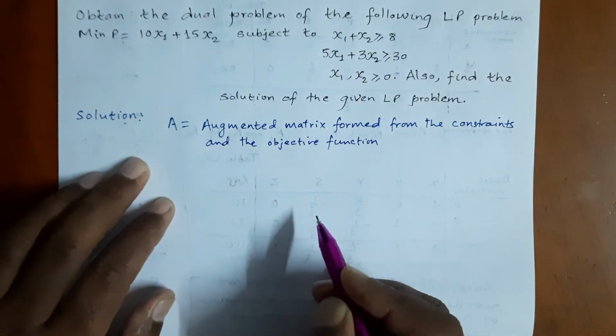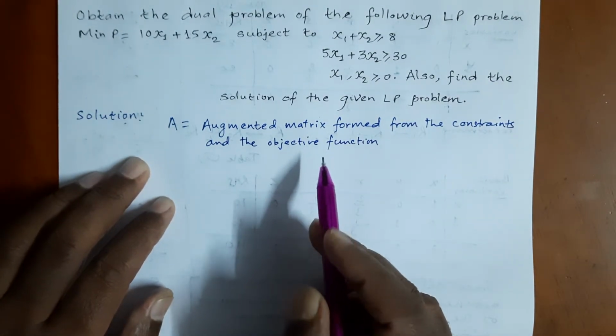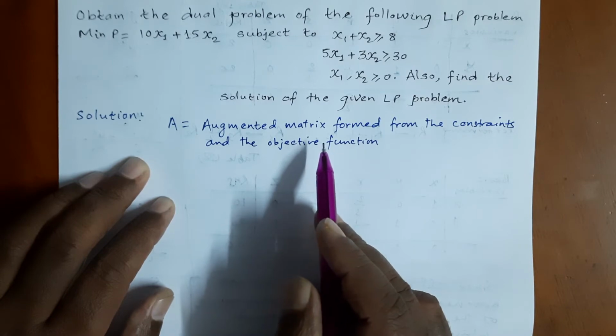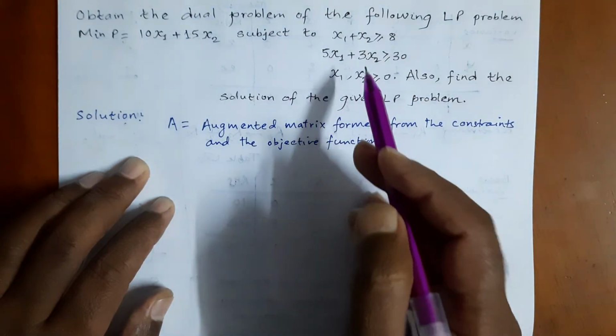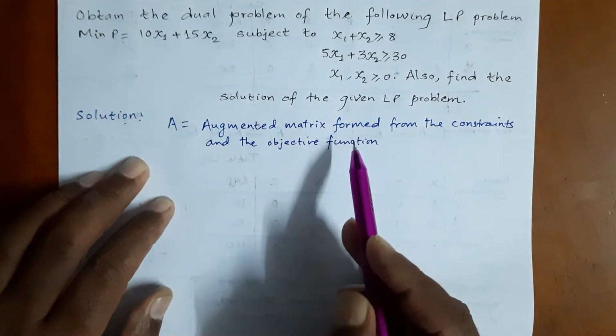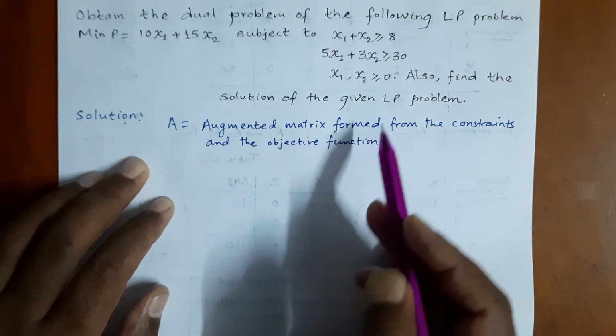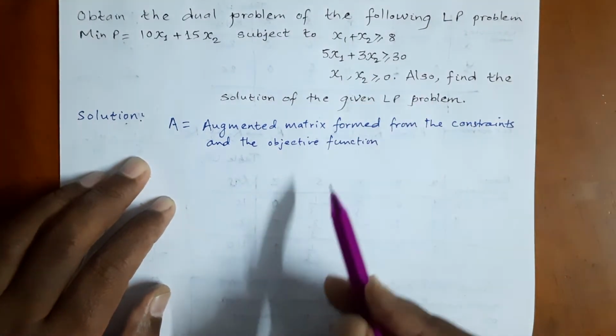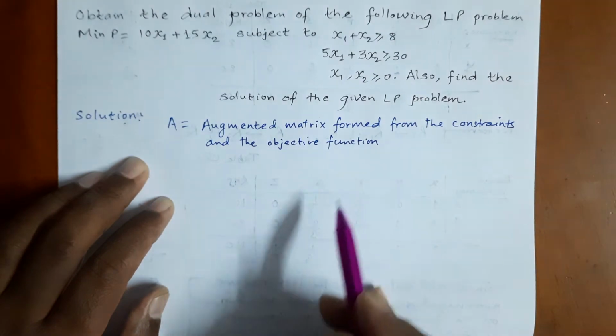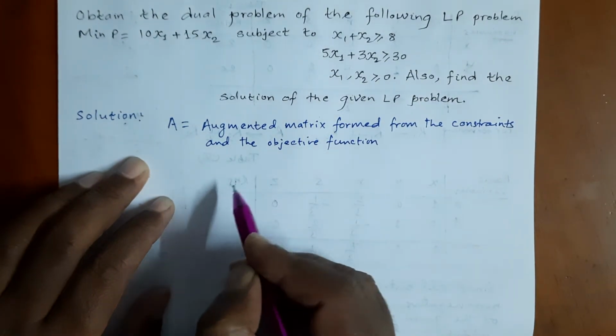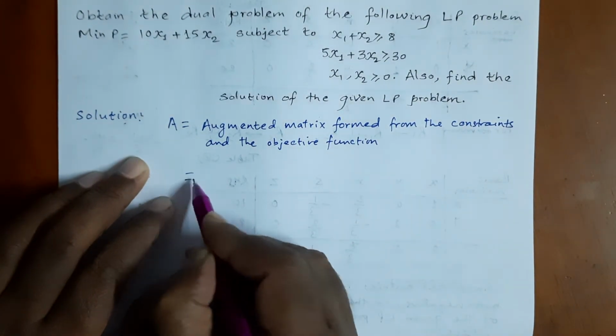Okay, so this augmented matrix meaning is it is the matrix formed from the coefficient of the variable and the constants. That is known as the augmented matrix.